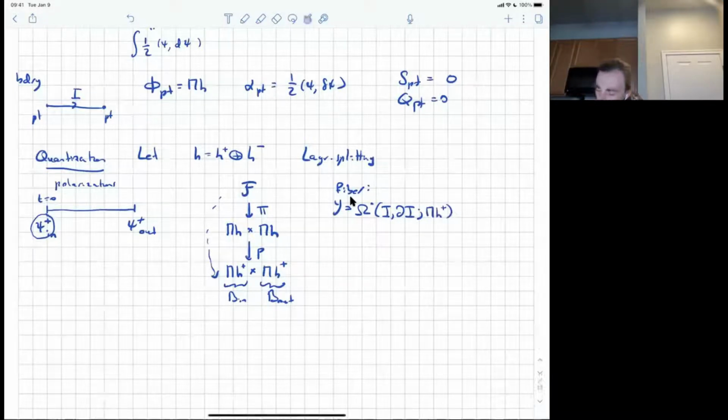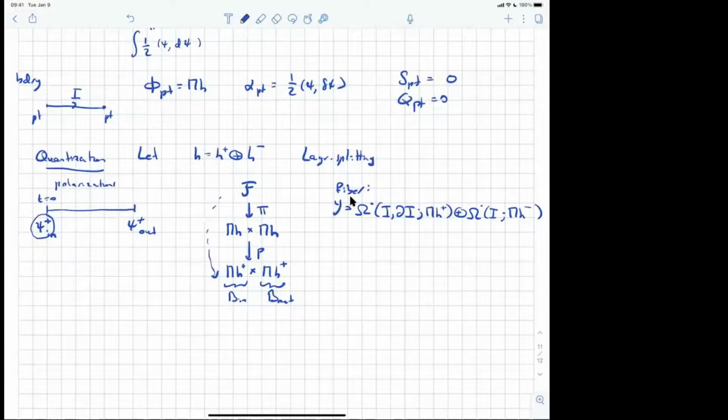And because I'm concentrating on the plus component, there's no restriction on the one form, but for the 0 form, its plus component should vanish, the plus component of fluctuation around the boundary conditions. And also differential forms without any boundary conditions with coefficients in H minus. Now I need to do some splitting on this.